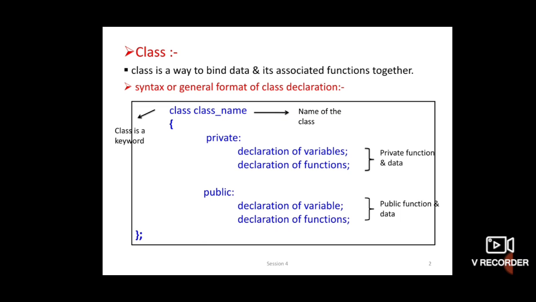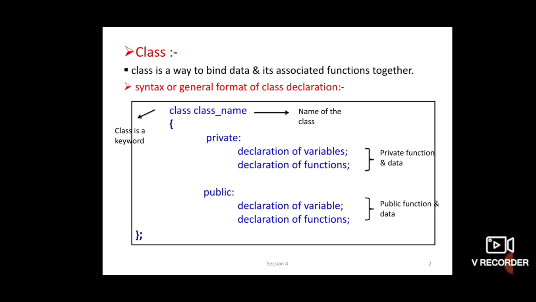These are also called visibility labels, or access specifiers. These keywords are followed by a colon. See here, after private a colon is there, after public a colon is there. The members declared as private can be accessed only from within the class.